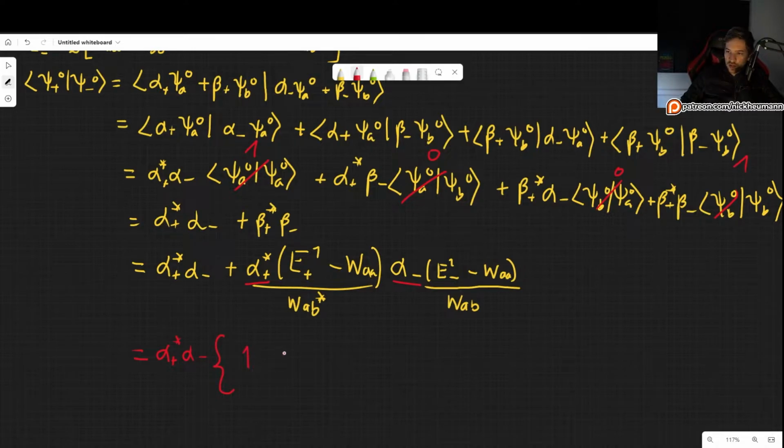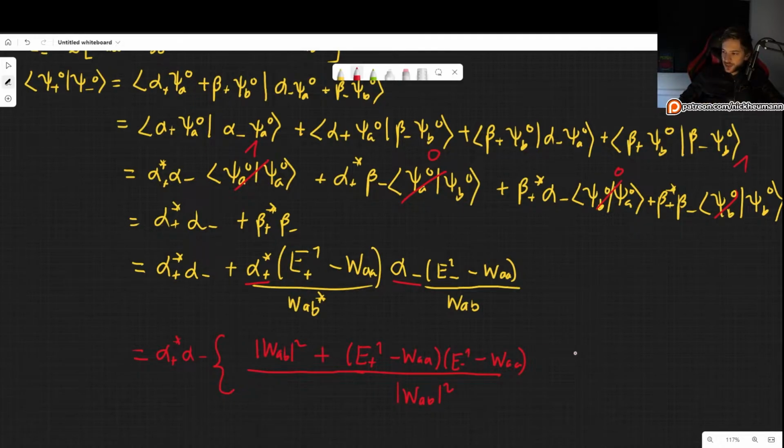So this is 1 plus, then we have E plus 1 minus WAA times E minus 1 minus WAA, and all of this divided by the modulus squared of WAB. But we can take common denominator here, and we get WAB squared. Okay, and plus, of course.